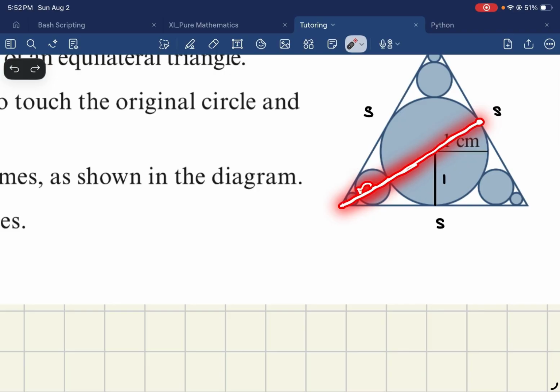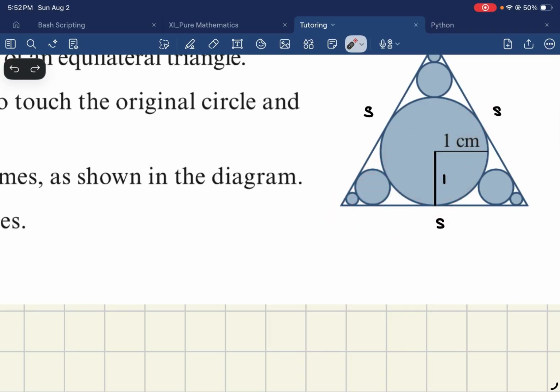This part is going to be the radius of the middle circle, the radius of the big circle. So all the radii lie on this line. So this line will bisect this angle exactly in half. So our initial angle was 60, so we are going to get 60 divided by 2 as our angle here.